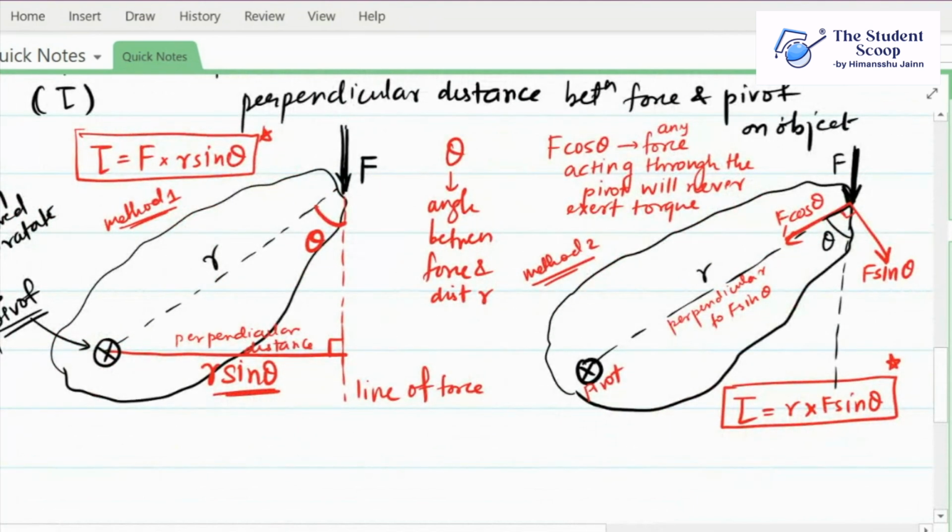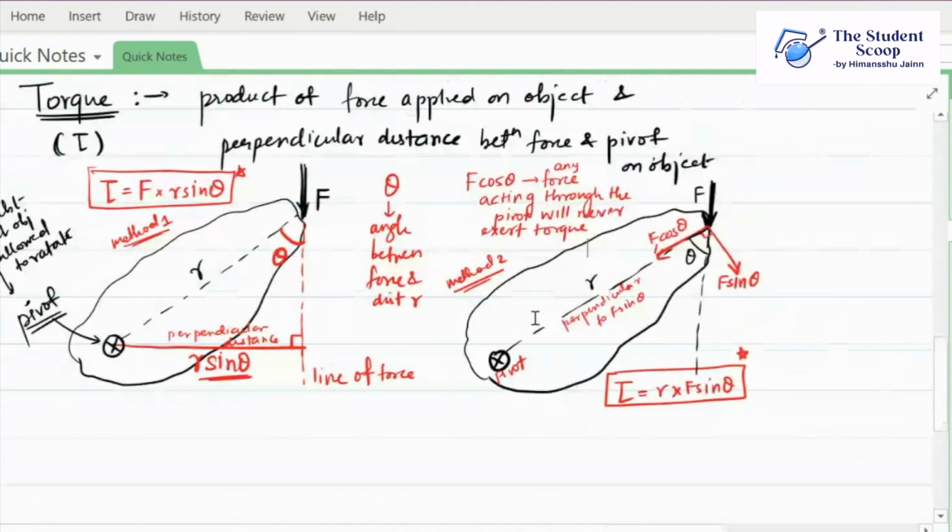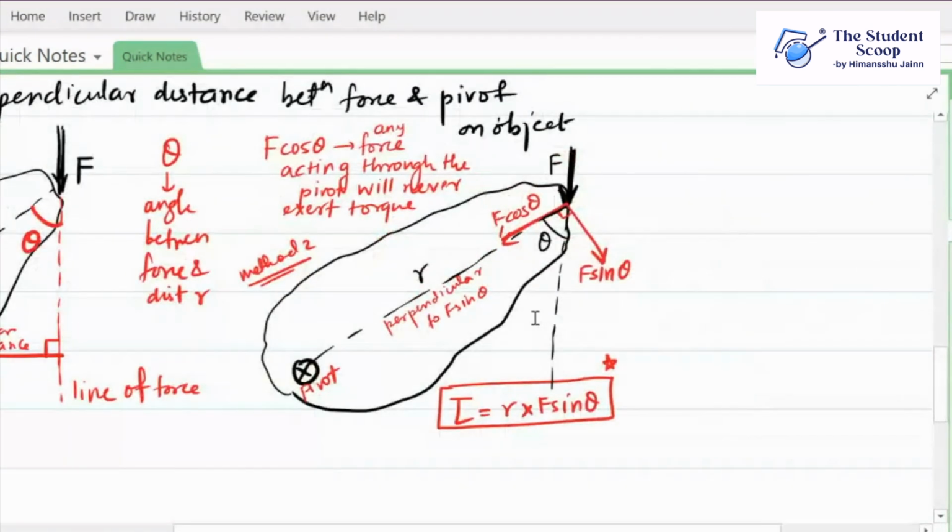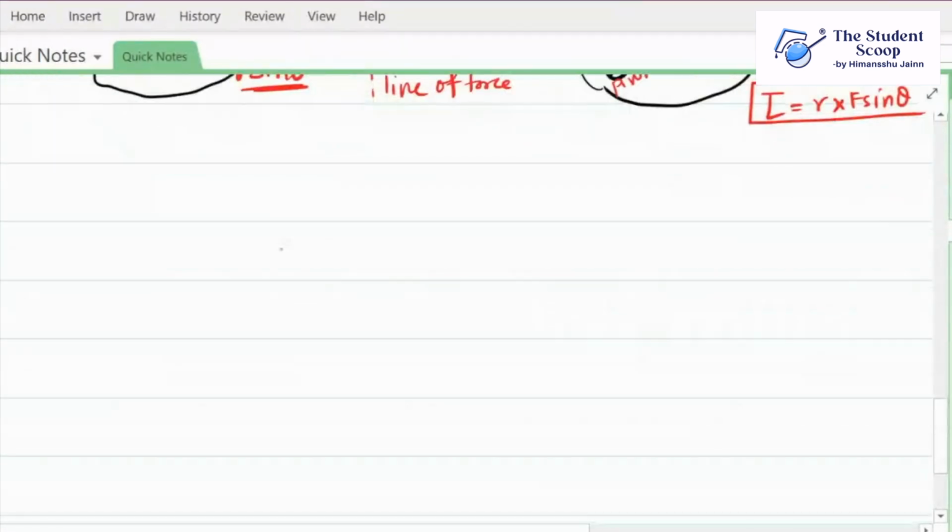Now once we understand the basics of torque, we need to revisit the definition of equilibrium. So I will talk about what we call rotational equilibrium.